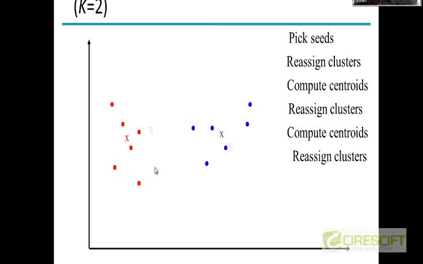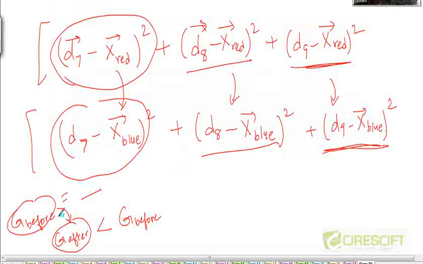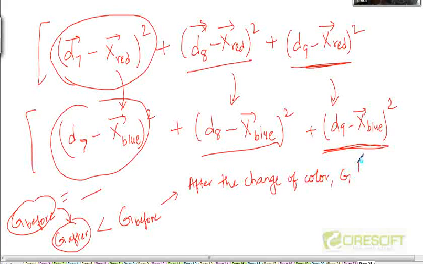So again, what did we conclude here? After the change of color, G goes down.